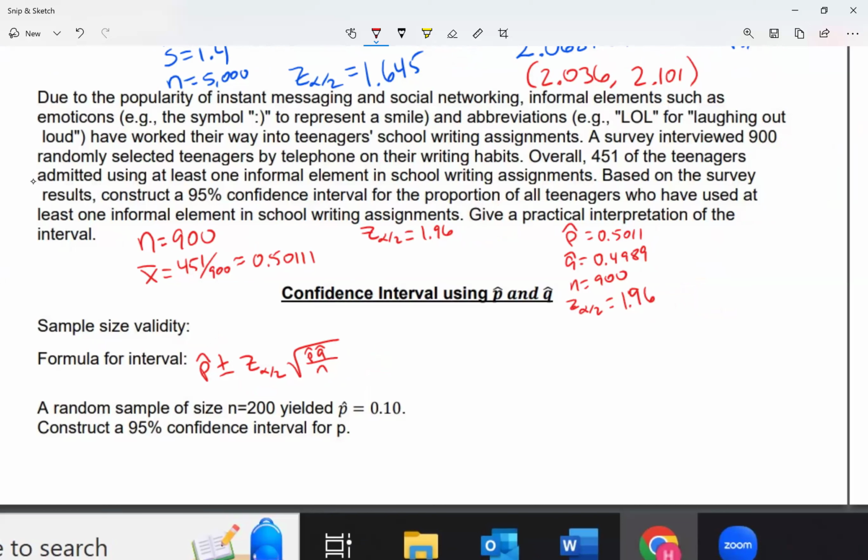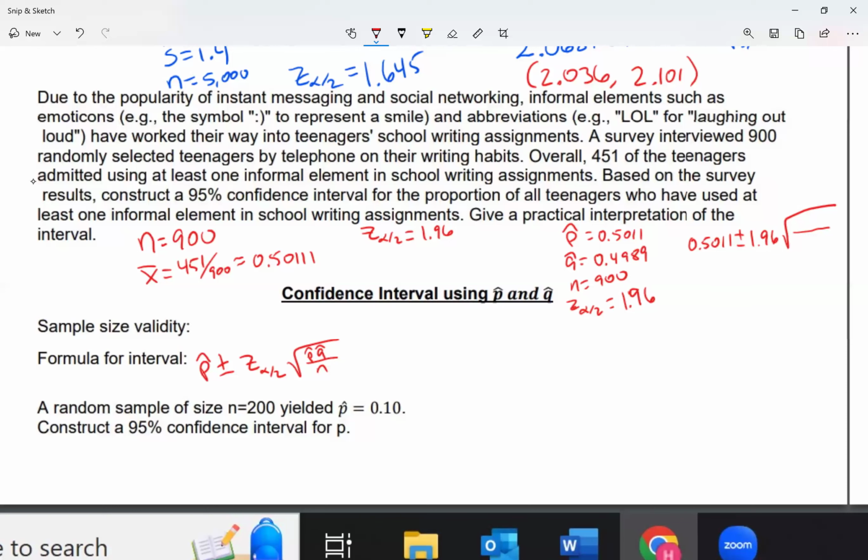So how is this going to look on our work here? I'm going to go 0.5011 plus or minus 1.96 times the square root, but inside the square root there is a fraction. If you need help how to type this in, let me know. TI-30X are great calculators, those are easy to type.